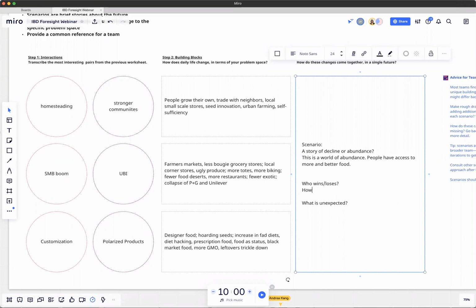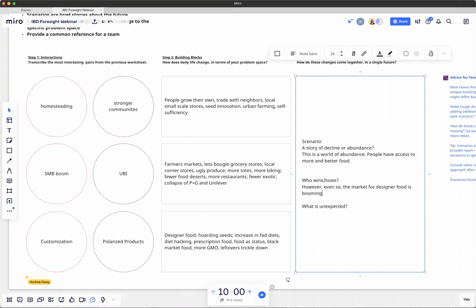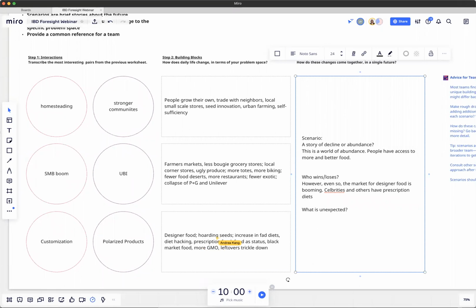So I might then say, however, even so, the market for designer food is booming. Celebrities and others have prescription diets that they sell to the masses.